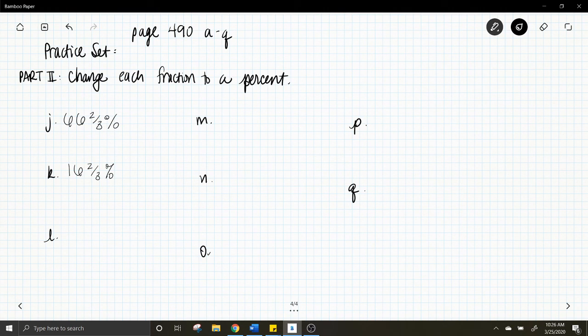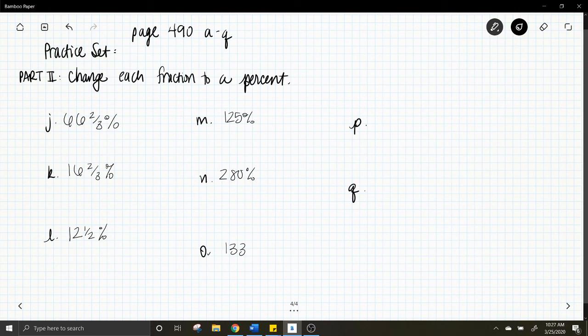Letter L, 12.5%. Letter M, 125%. Letter N, 280%. Letter O is 133 1/3%.